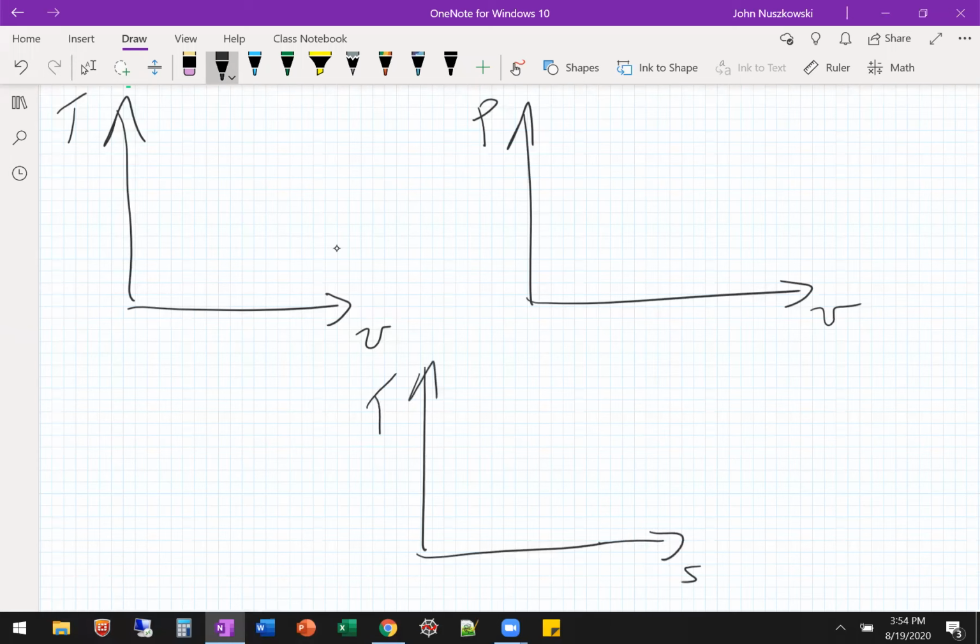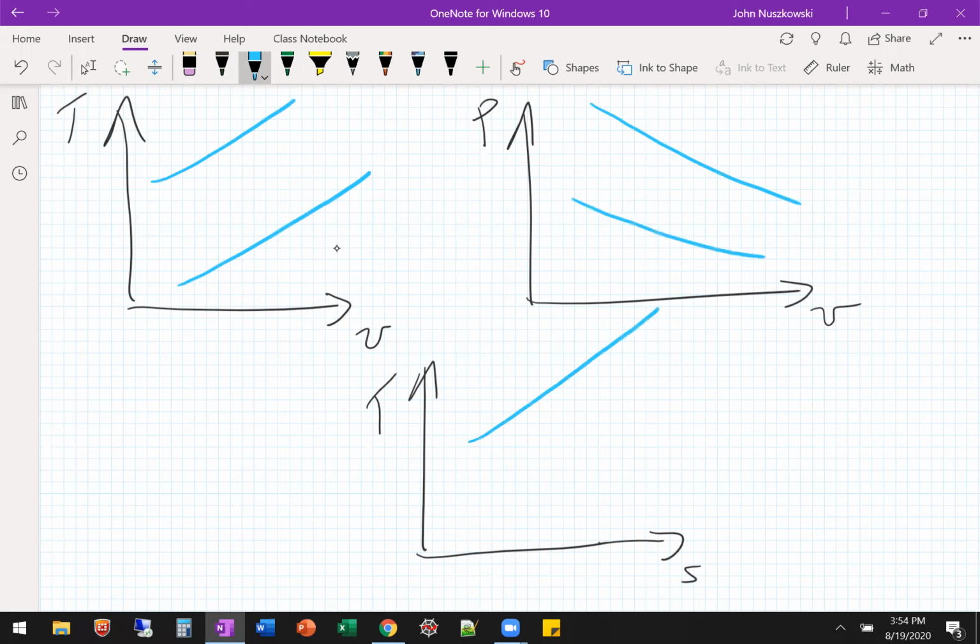All right, for the TV and the PV diagram, what's being held constant? Volume. Volume, right? So volume's constant, force yourself, it's a vertical line.